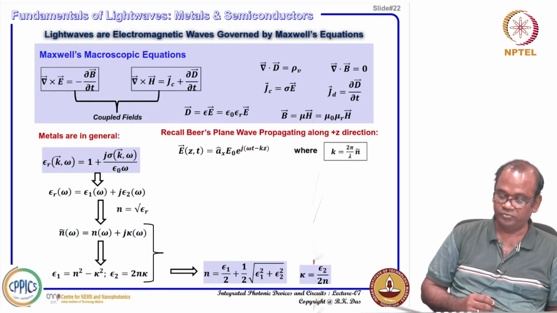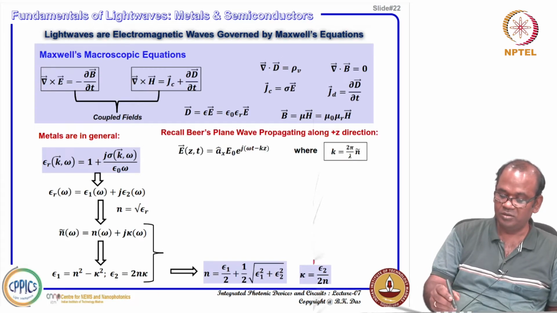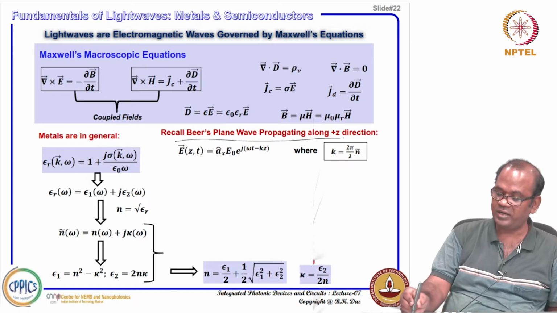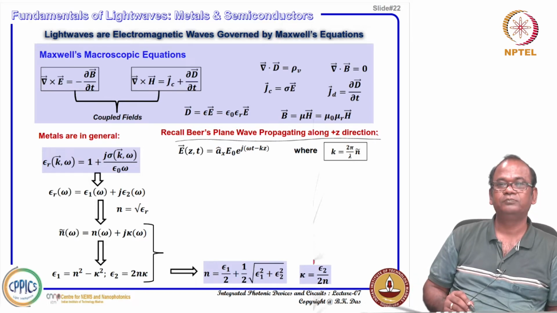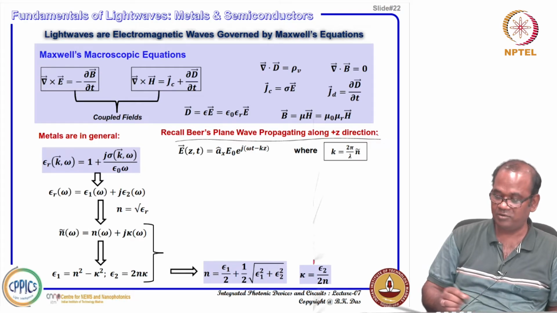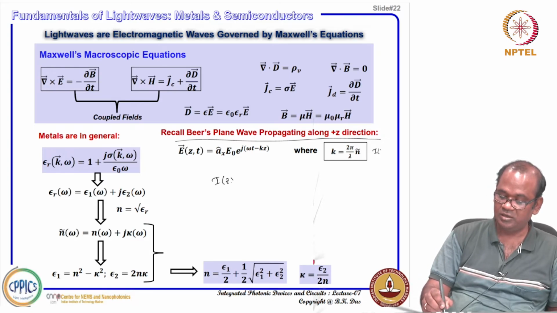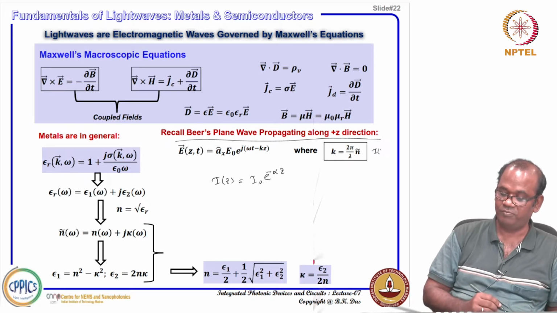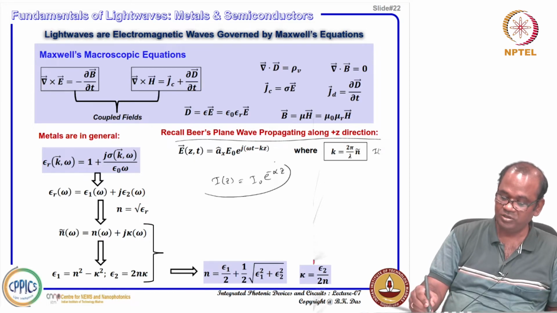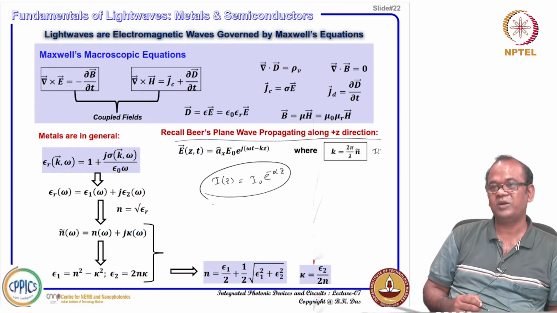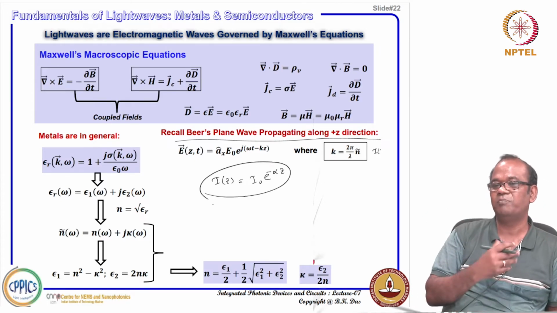Okay. Now, recall a plane wave propagating along the z direction. I am just trying to explain Beer's law. Earlier, you remember, we have discussed I z equal to I naught e to the power minus alpha z, that is Beer's law. I try to see how it can be expressed by considering sigma and this complex refractive index.